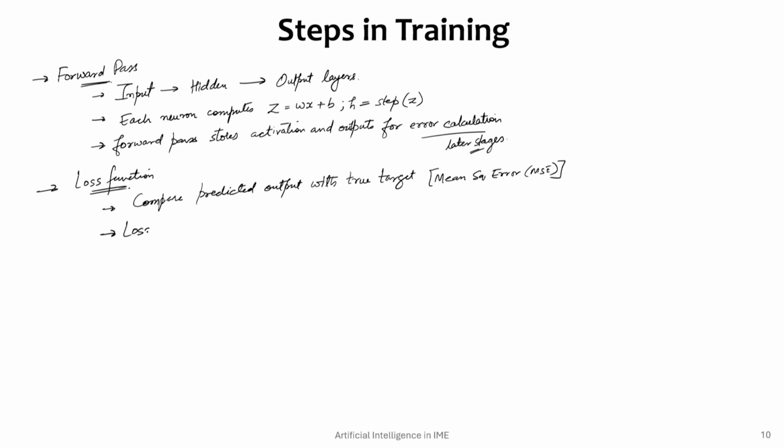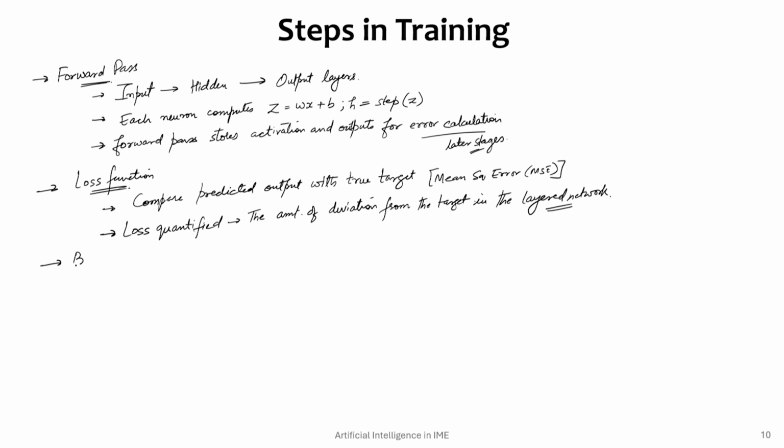This loss quantifies the amount of deviation from the target in the layered network. So this layered network is our own design. We can tweak this.